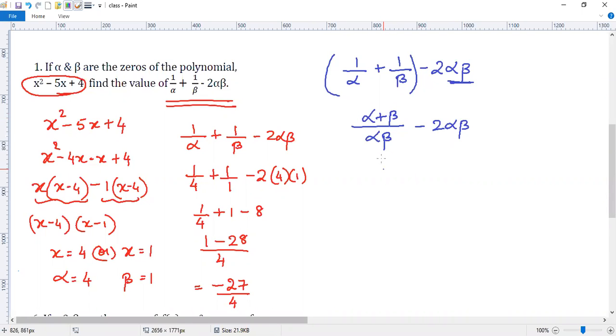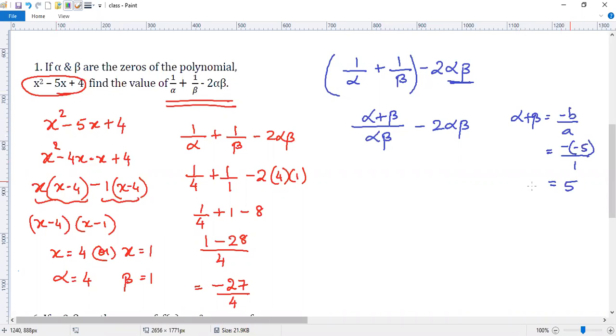Correct? What is alpha plus beta? Alpha plus beta is equal to minus b by a. B is minus 5, so minus of minus 5 divided by 1 is equal to plus 5.